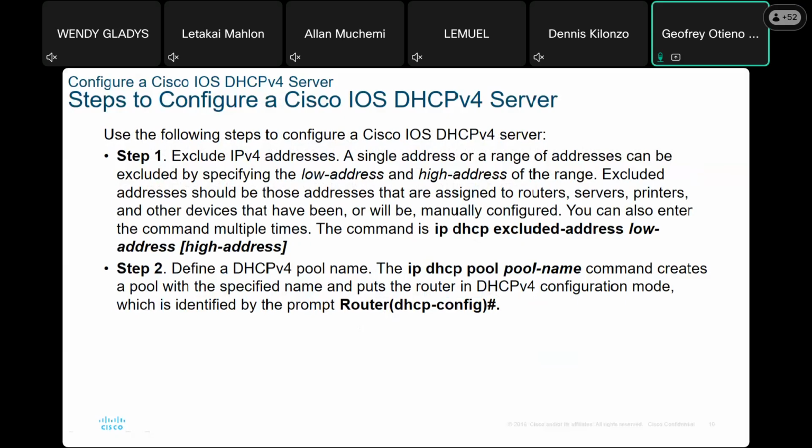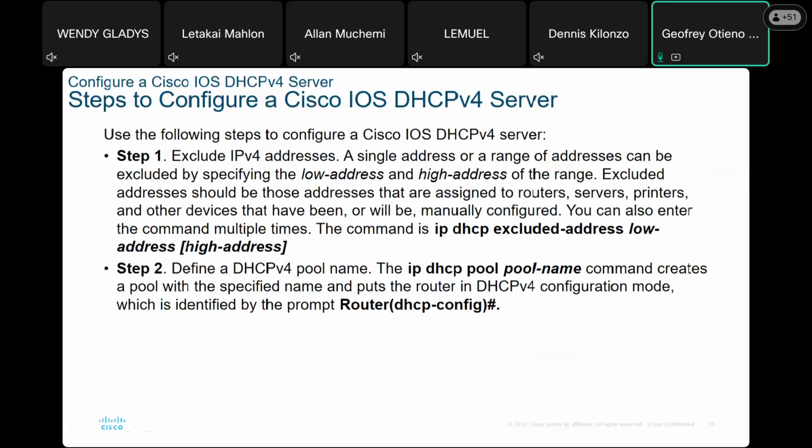So first, as we have said, guys, you need to exclude some of those addresses. It could be one IP address being excluded, or you can deal with a pool of addresses being excluded.